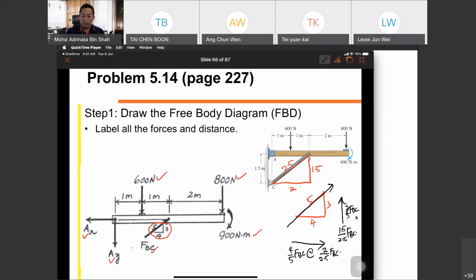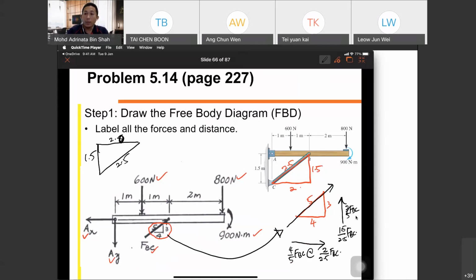So this is where it comes from, the triangle. Or you can find theta, no problem, it's the same. With 1.5 and 2, this one is 2.5.